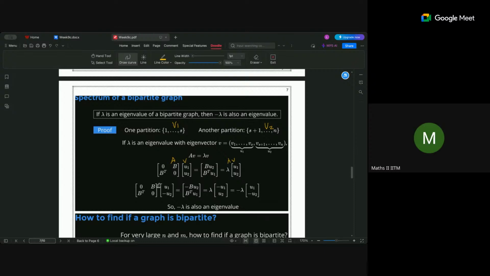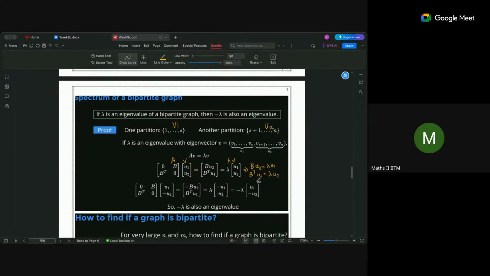Now instead of U2, consider minus U2 here. The first term becomes minus B U2, and then you have B transpose U1 plus 0. What can we see? From above, B U2 is equal to lambda U1 and B transpose U1 is equal to lambda U2.